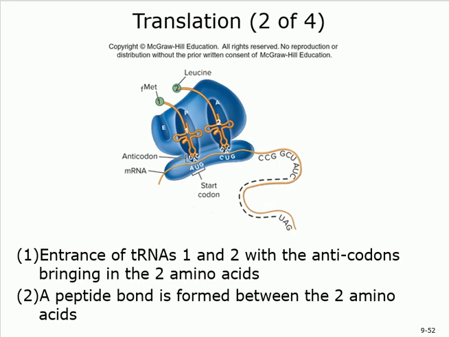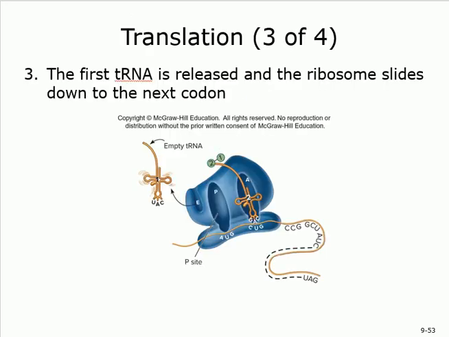I'm going to bring it. So look at this. Here, fit, amino acid. The next one will come and fit, another amino acid. The next one will come and fit, and another amino acid. So I have amino acid, amino acid, amino acid. But these are separate, right? So I need to hold them together to make a protein, right? The bond between the amino acids is called a peptide bond. Okay? And then when the transfer RNA brings the amino acid, it's going to be released and go back to the cytoplasm.